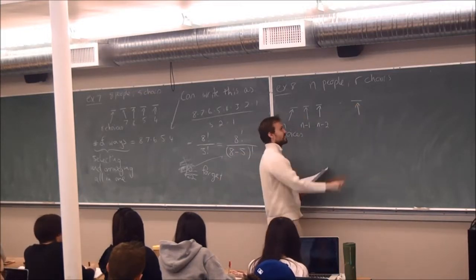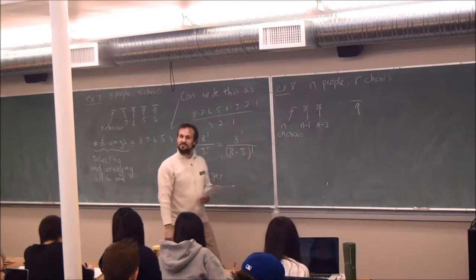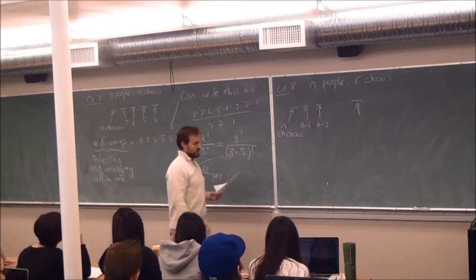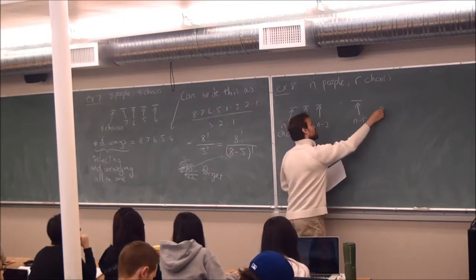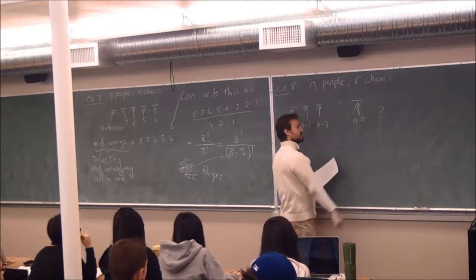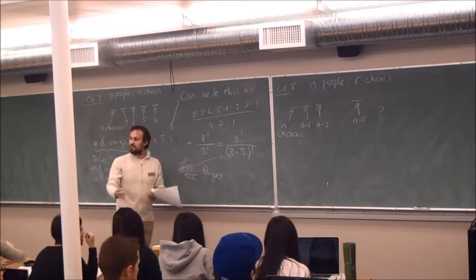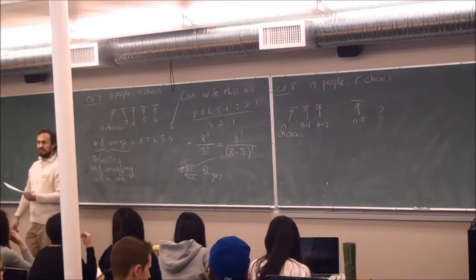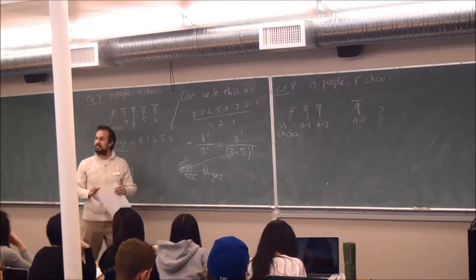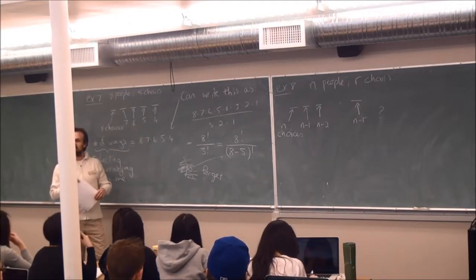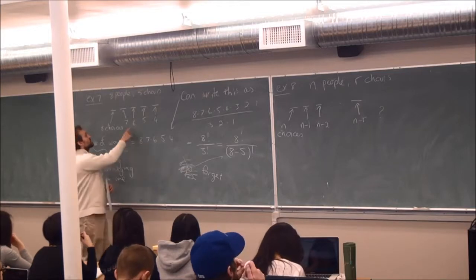Just out of curiosity, what is that last number there? Is it N minus R? Careful, it's not crucial, just out of curiosity. So why is it N minus R? No, I'm asking, is it? It's N minus R plus 1. Does it work for this?